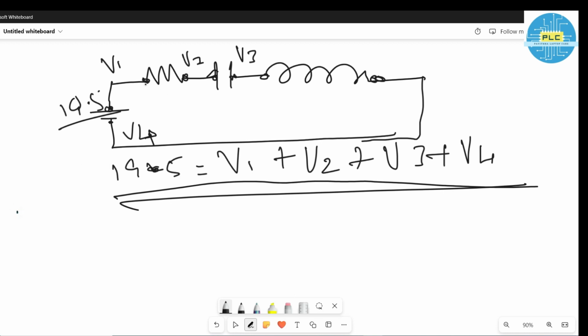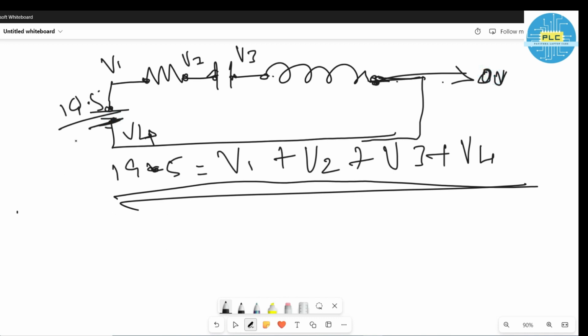See, in a circuit, the last one, if it is connected to the ground, there will be 0 volts. From here to here all the voltage goes to ground. So always in a circuit, the last voltage, if it is connected to the ground, is called 0 volts.